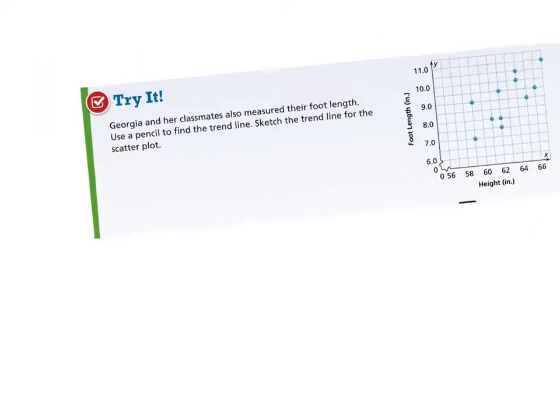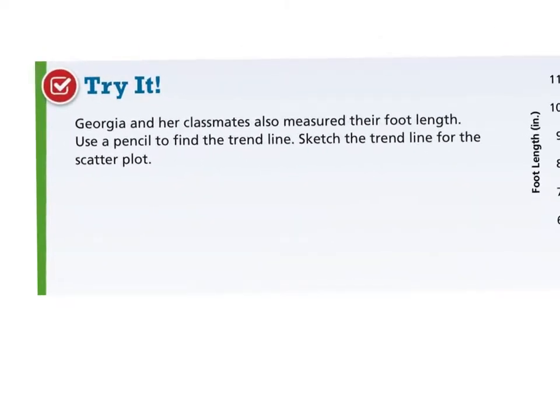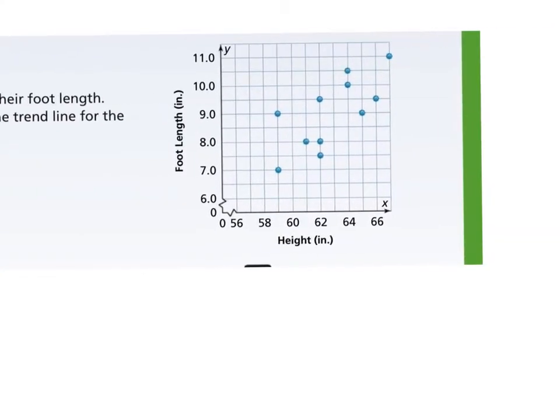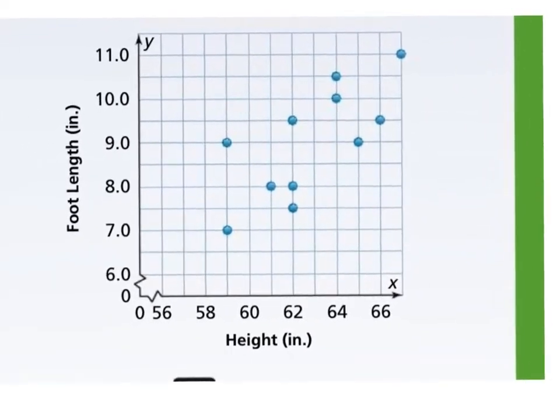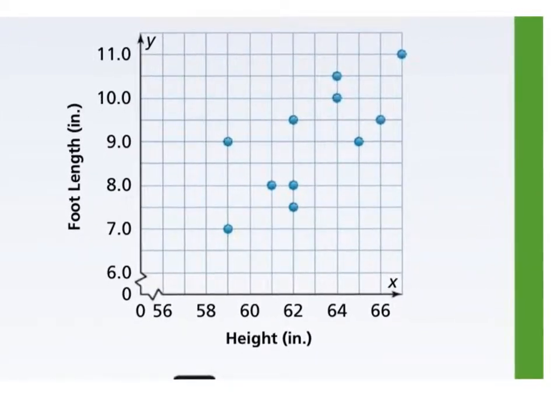So on the try it, Georgia and her classmates also measured their foot length. Use a pencil to find the trend line. Sketch the trend line for the scatter plot. Alright, so once again, we're going to try to get something where we have some points above, some points below, some points maybe on the line, to get an idea of what's happening here. So we could think about maybe somewhere around here would be where we could draw a line.